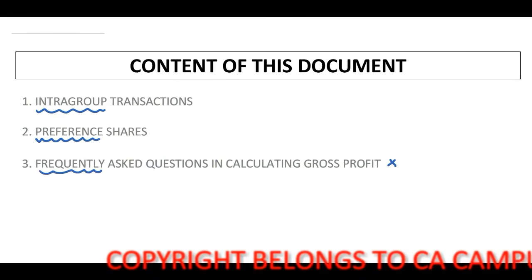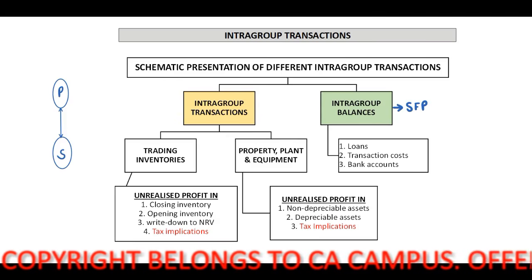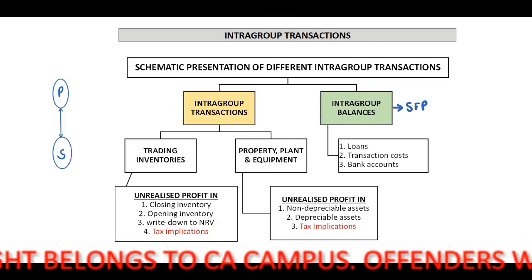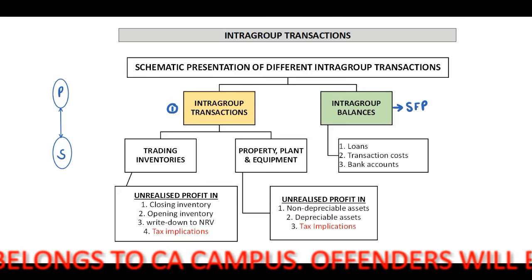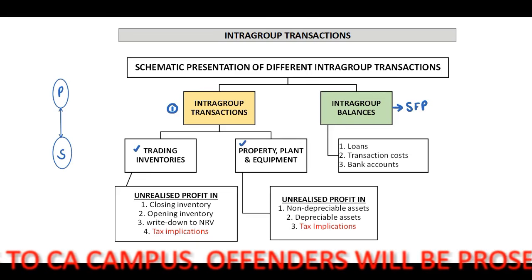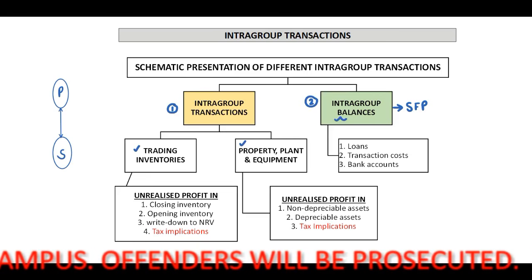Now, before we look at our intragroup examples, I want to work through this schematic presentation of the different intragroup transactions. You can get intragroup transactions where we have our trading inventory and our property, plant and equipment being sold between the 2 entities, and number 2, your intragroup balances.